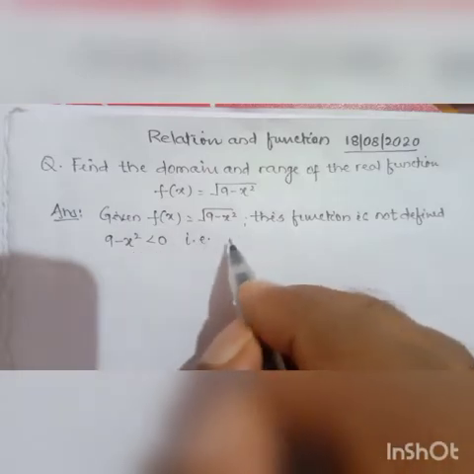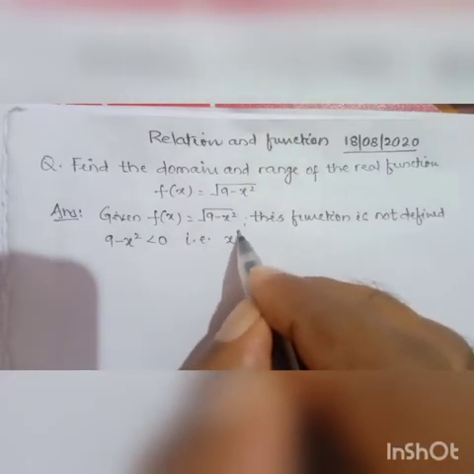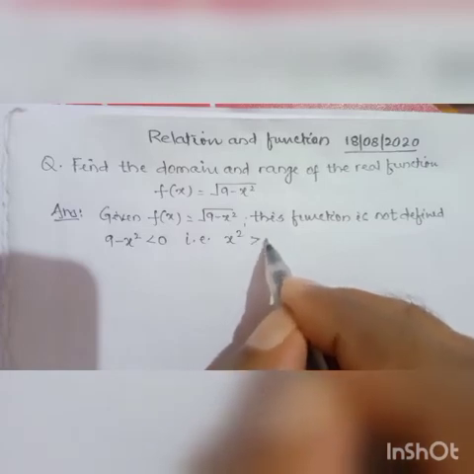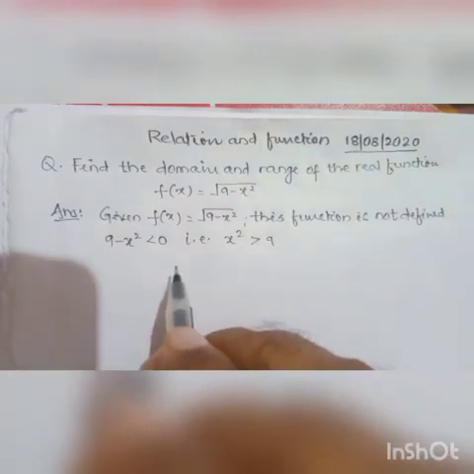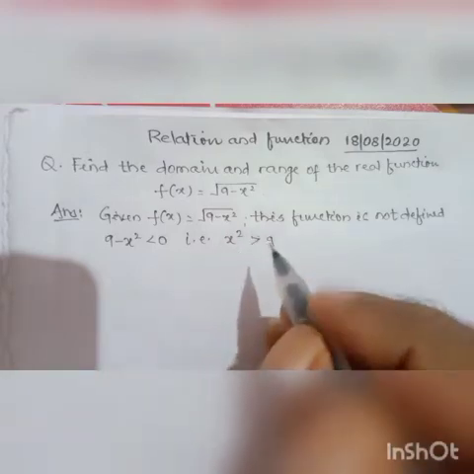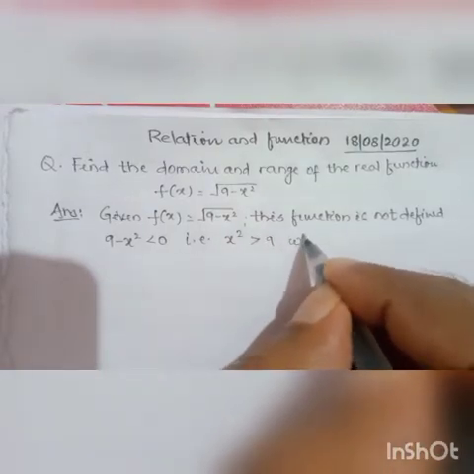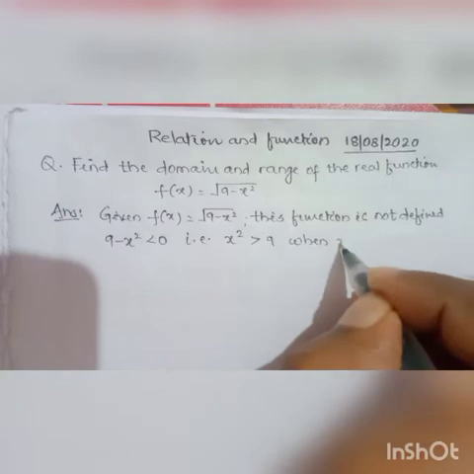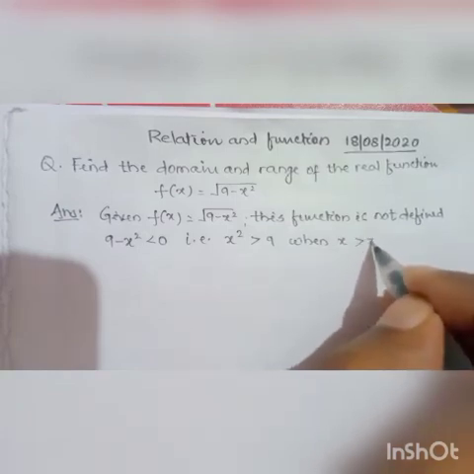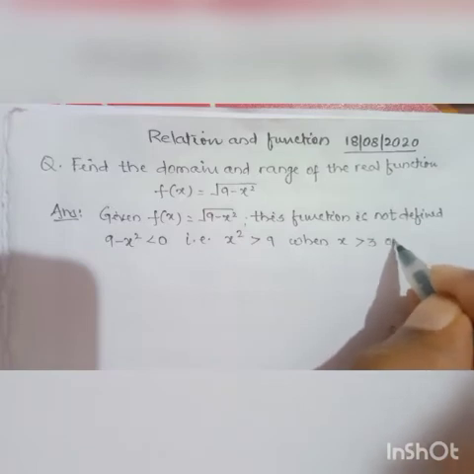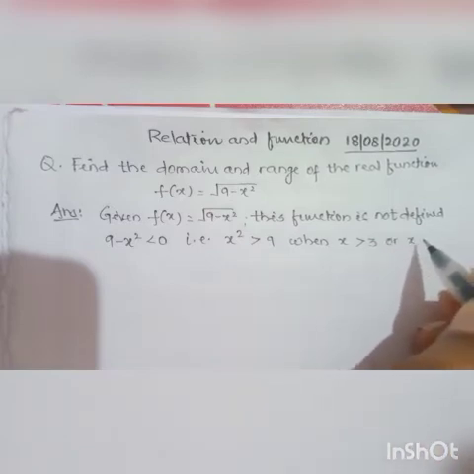So x square should be less than 9, and x square less than 9 means it is defined when x is less than 3 and greater than minus 3.